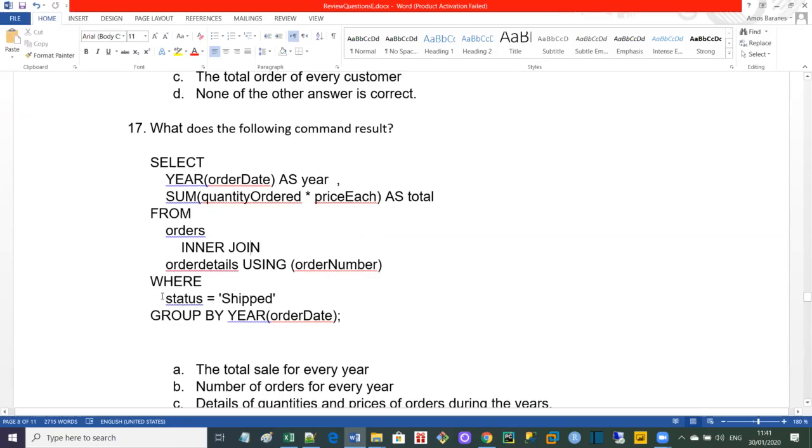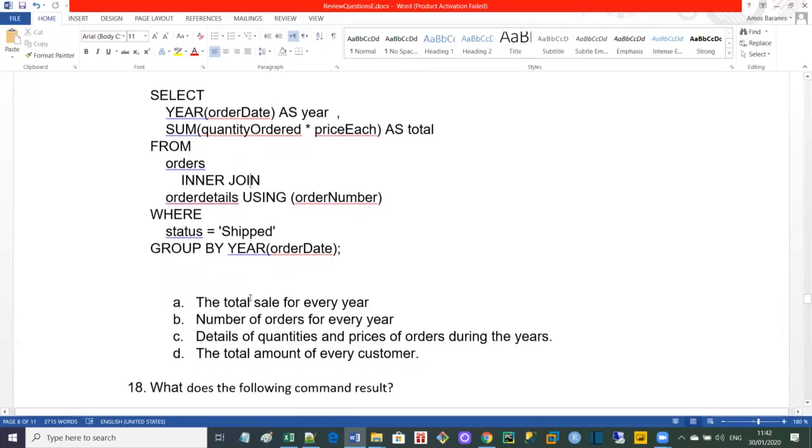It's very important to notice that it first sorts out only the rows in which the status is shipped, meaning I'm getting total sales for every year for orders that already shipped. So if I had an order and I didn't ship it, it will not be in this answer.